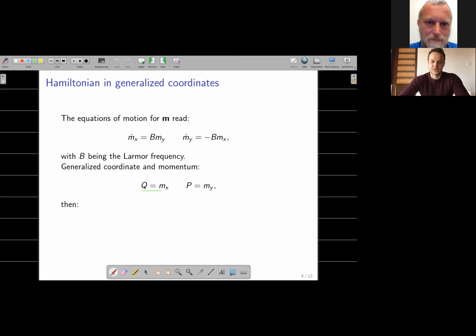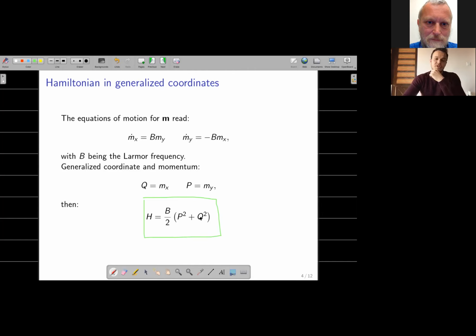I will assume that Q is equal to mx and P is equal to my. If we simply replace those in the Hamiltonian, then the Hamiltonian will have the following form, something very reminiscent of an oscillator. So we have B divided by 2, and then P squared plus Q squared. I think it's easy to see how this comes about, just by replacement of the variables.